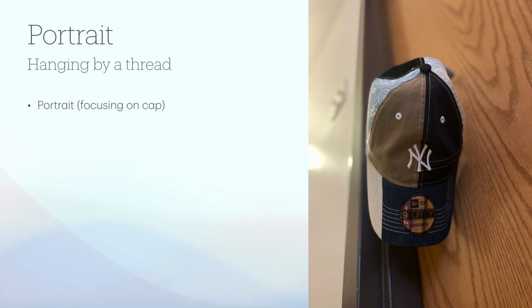I used my cap as a subject, and I used my iPhone 12 to take a picture in portrait mode, and I made sure that I really focus on the cap itself and I blurred out the background and made sure that the elements are really balanced for this photo.